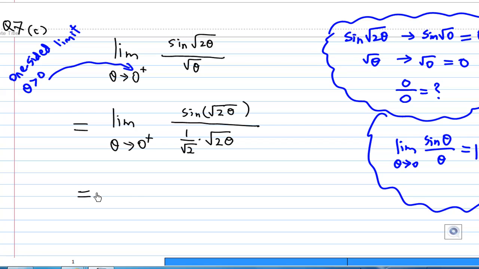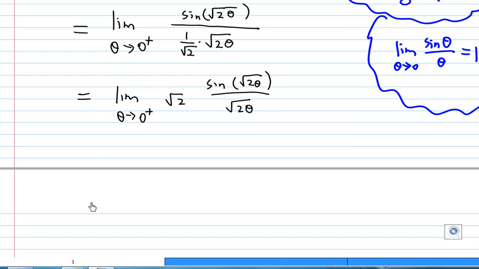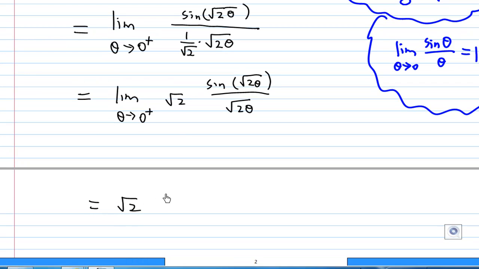Now this is the same as the limit as theta goes to 0 plus of square root 2 times sine square root 2 theta over square root 2 theta. Now you can take out the square root 2 and take the limit as theta goes to 0 plus of sine square root of 2 theta over square root 2 theta.